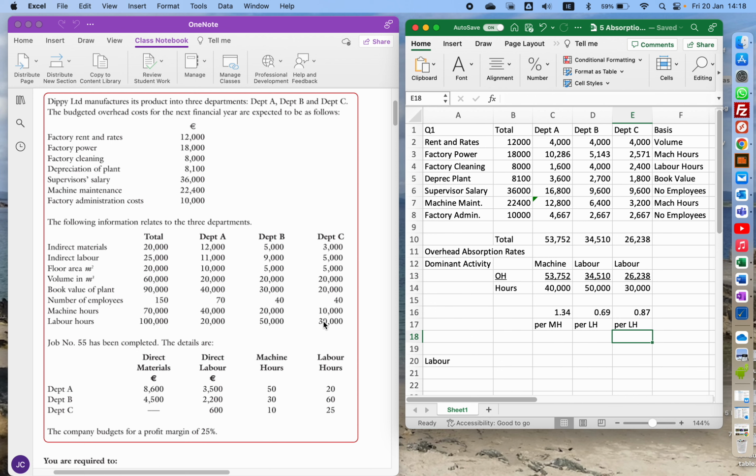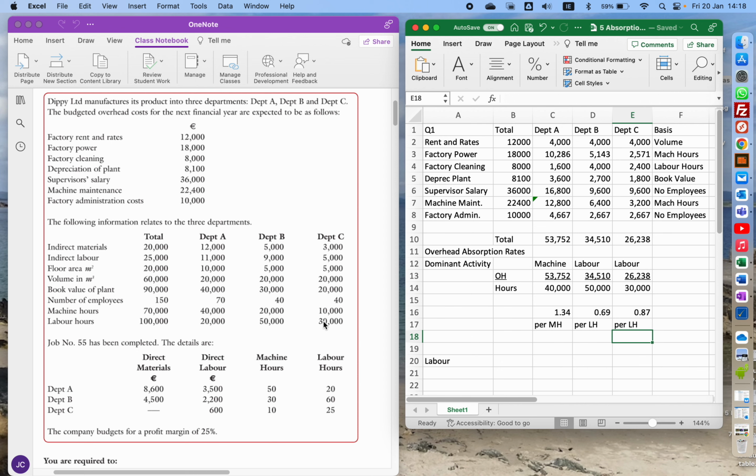So when I'm pricing up this job, if I look at just department C only, whatever number of hours of labour are going to be involved in making this thing for department C, I'll multiply those hours by 0.87, and that will give me the overheads for department C that I'm going to attribute to this particular job. Is everyone okay with that so far?